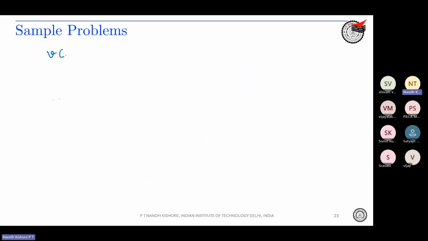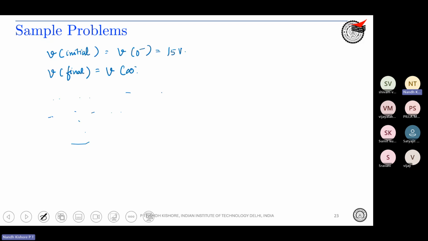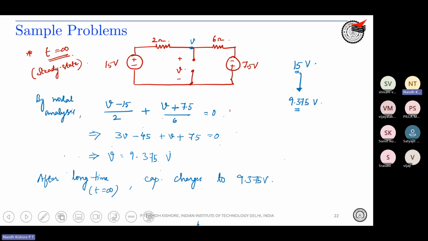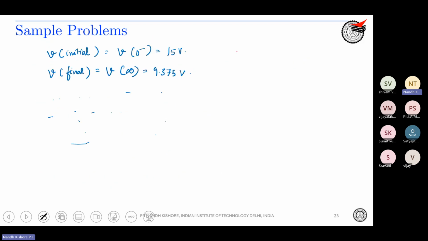V initial, or we write this as V0 minus, is 15 volts. And V final, or V infinity, is 9.375 volts.